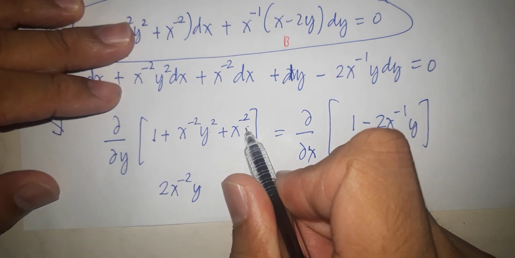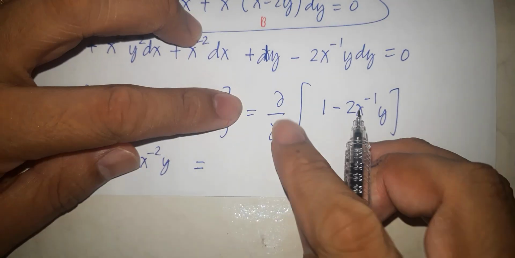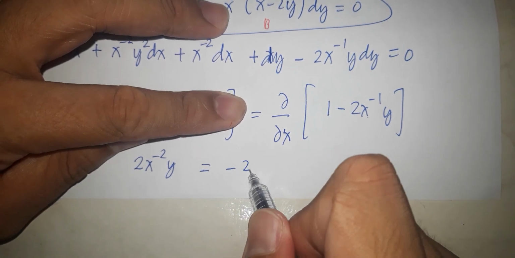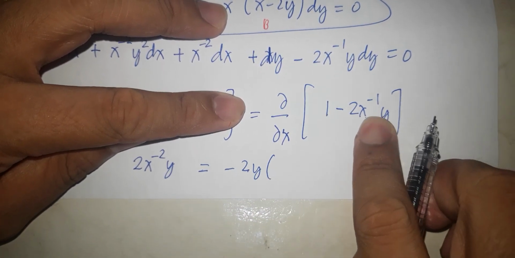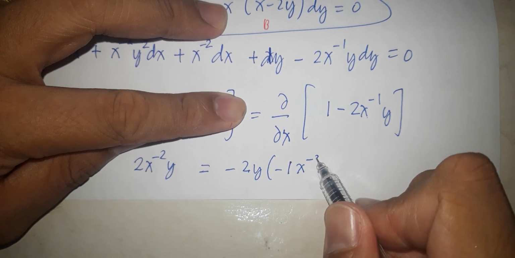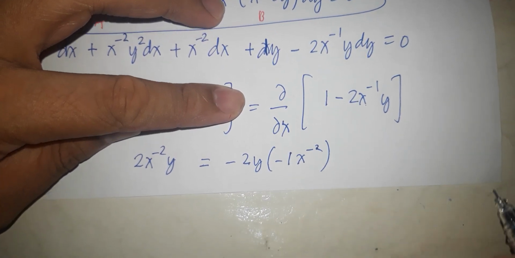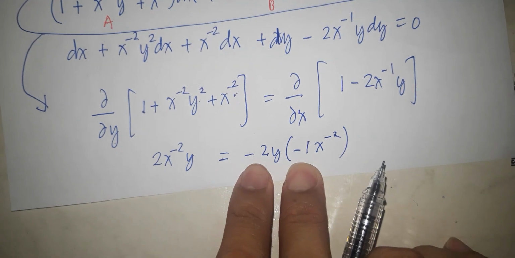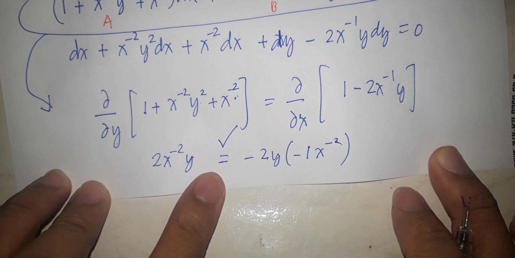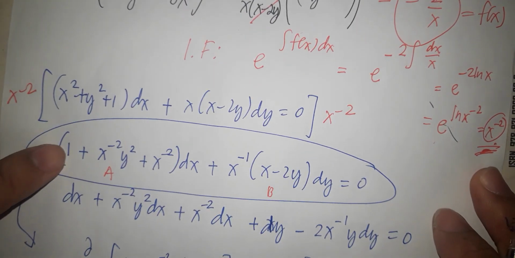Then that is equal to partial derivative with respect to x, that's 0. With respect to x, that's negative 2y multiplied by negative 1 x negative 2. So, this is positive 2y x negative 2. So, exact na siya. Since exact na, integrate natin ito.